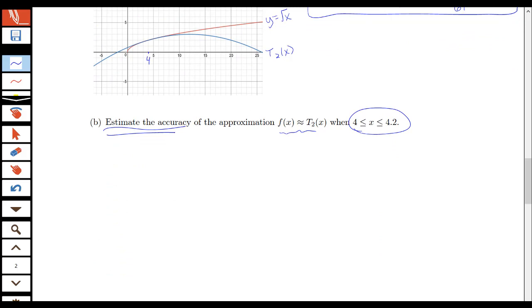Okay. So what are we going to use to estimate the accuracy here? Well, we don't have a strictly alternating series, so we are going to use Taylor's inequality to help us answer this question. Okay, so that means I'm trying to get a bound on R2 of x.